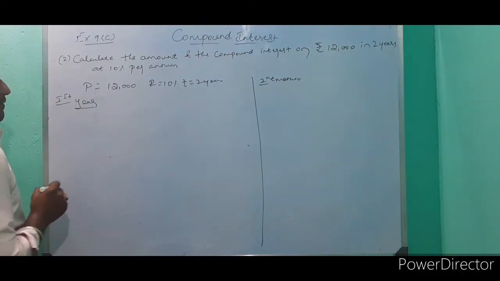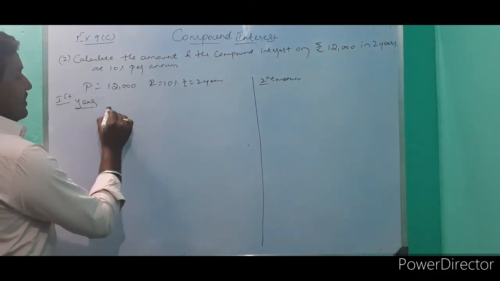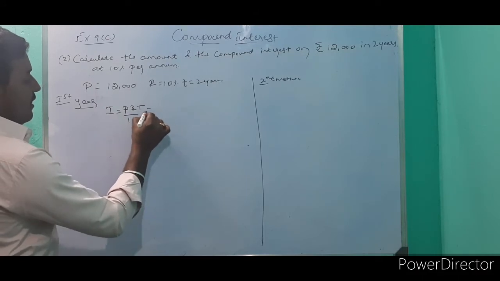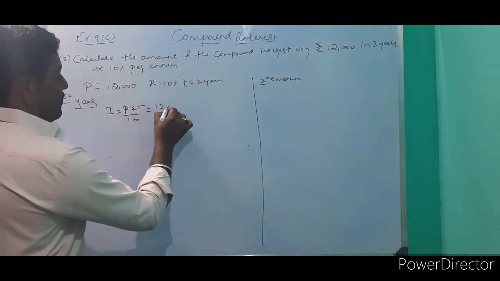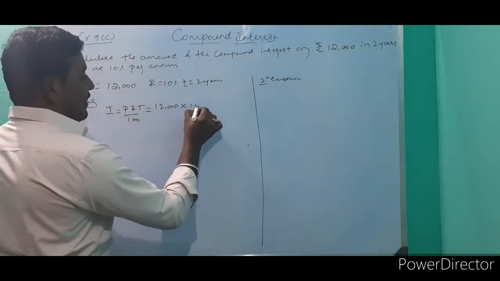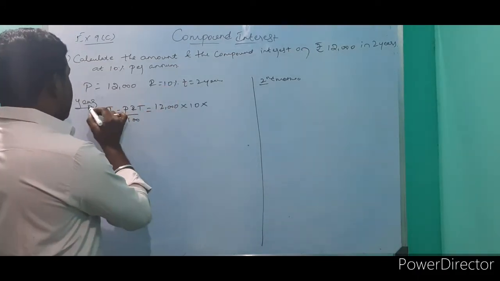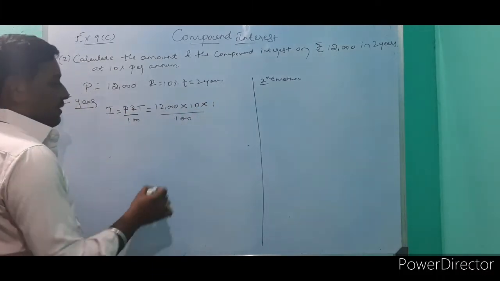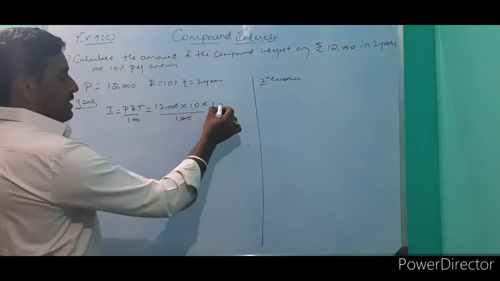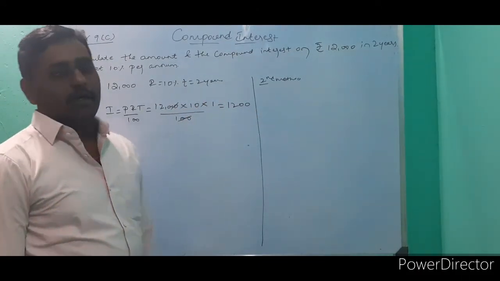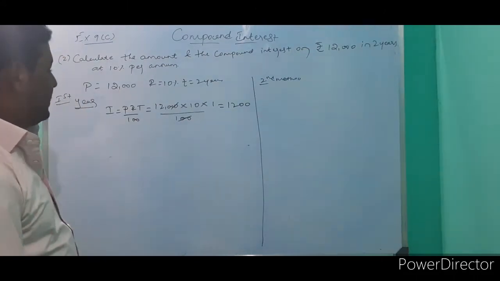For the first year, first you have to find the interest. Interest is PRT divided by 100. P is equal to 12,000, R is equal to 10, and T is 1 year, considering the first year. Here 100 and 100 get cancelled, and 120 into 10 gives 1,200, which is the interest.